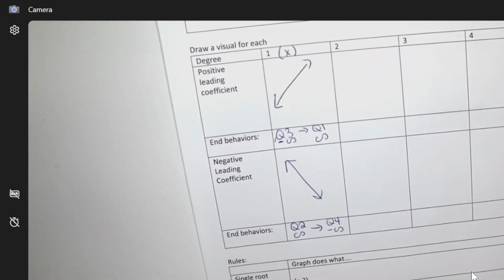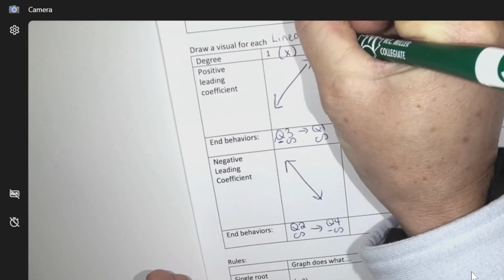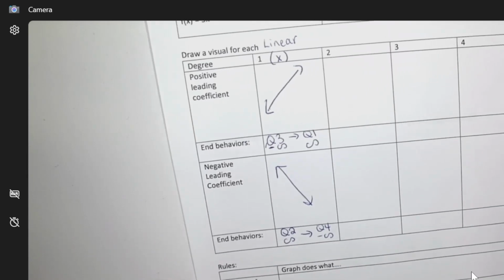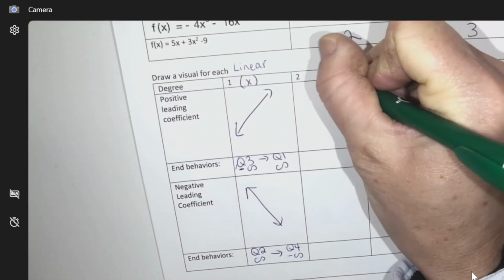The name of this function is what? Linear. The linear function. Graphs lines. Linear relationship.